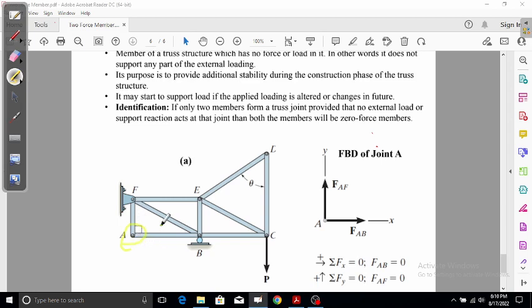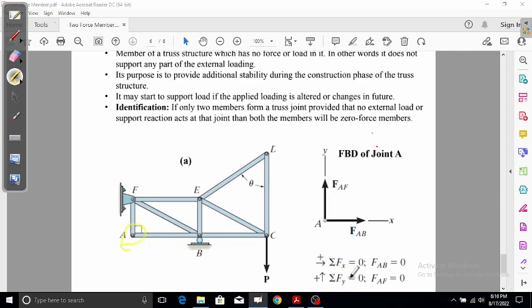There is no external load like P acting at joint A, and there is no support like a pin or roller over here. Then AF and AB are treated as zero force members.